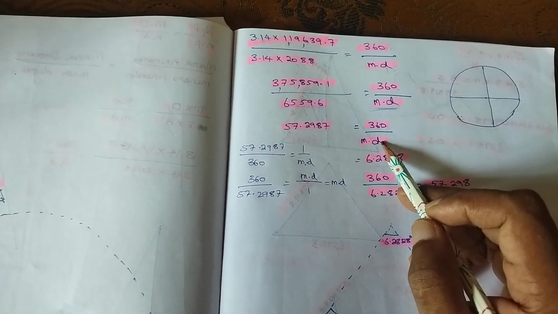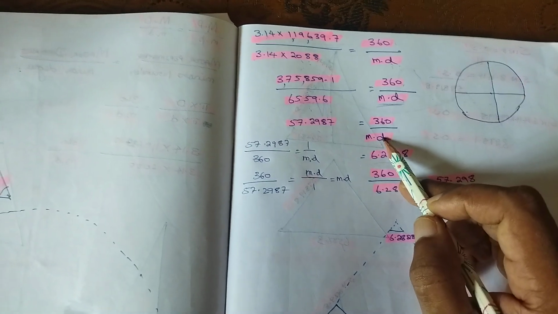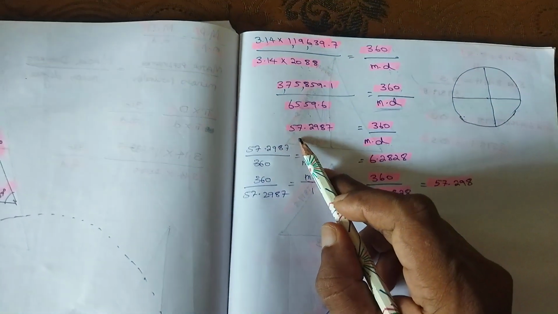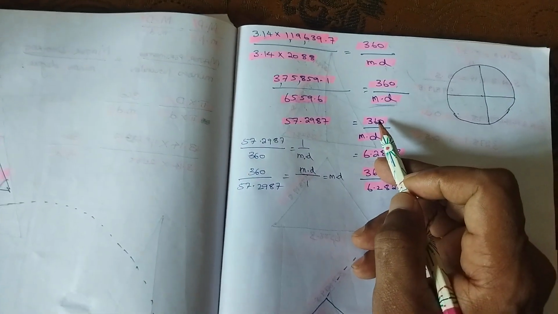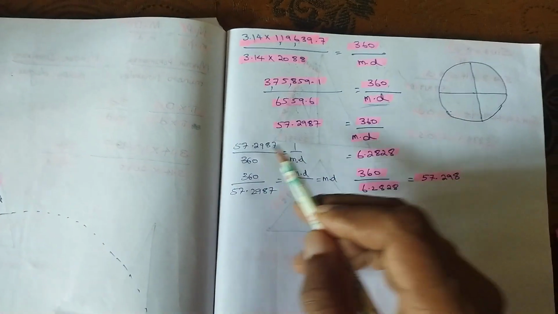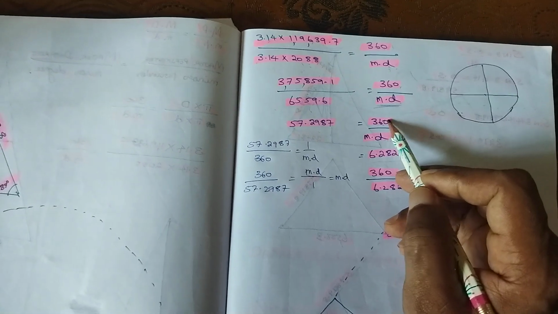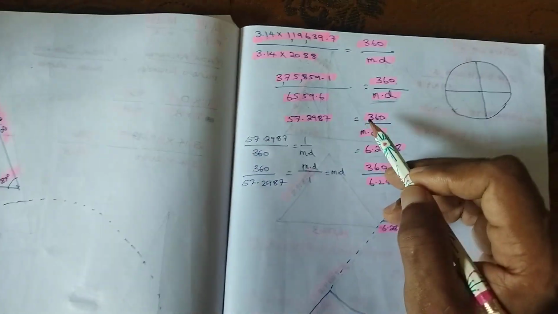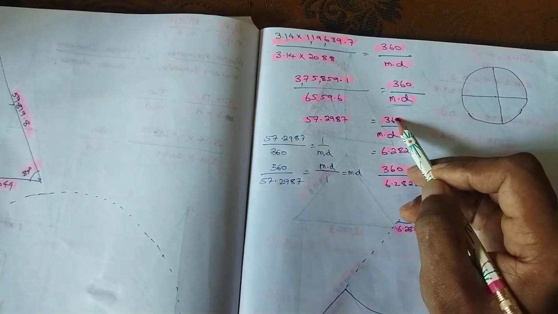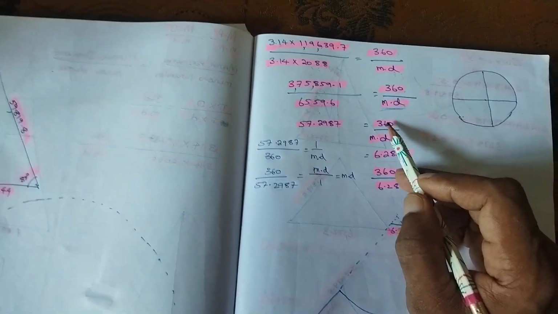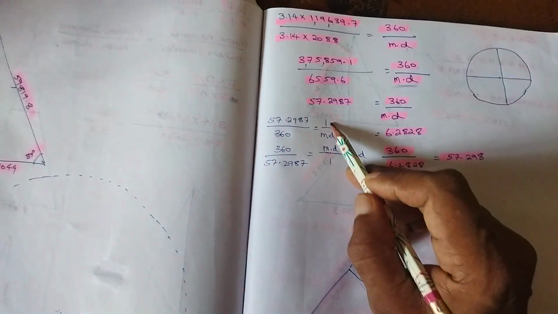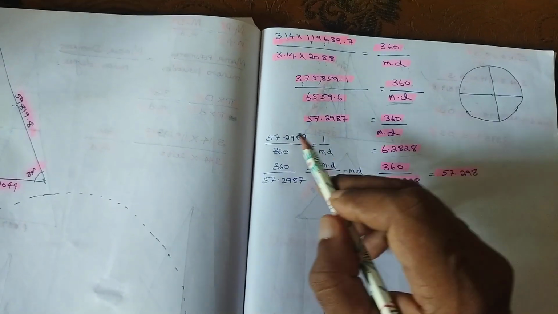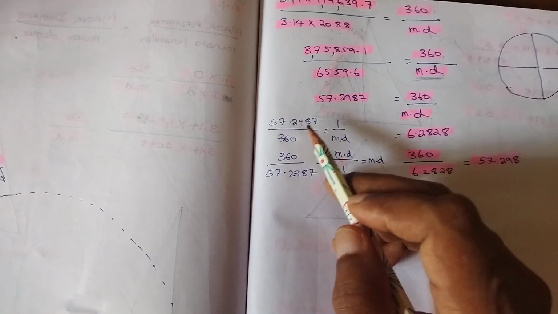For that purpose, MD can be kept here and the 360 has to be taken to the opposite side of the equal sign. If it is on the top side, it will come to the bottom side. If it has been multiplied, it will be divided here. So this 360 has been taken to the left side. Then in this portion, one will come. Instead of 360 by MD, I have written 1 by MD. 1 by MD is equal to 57.2987.